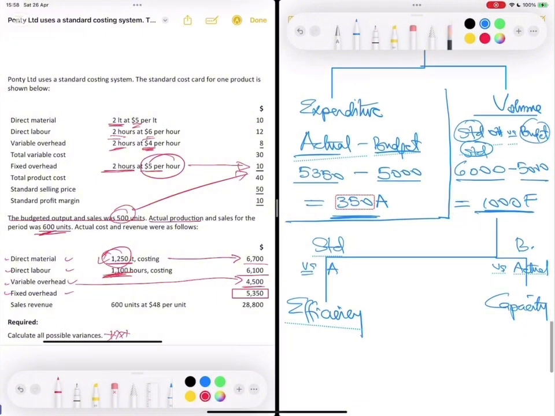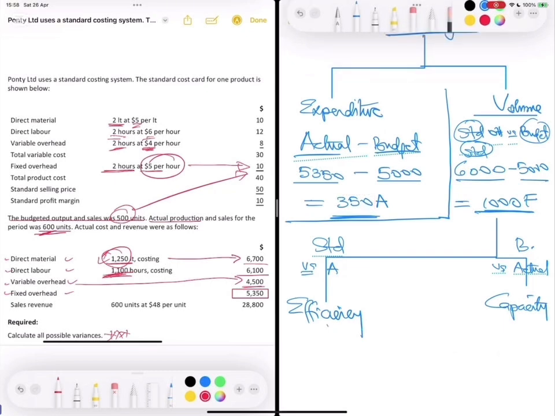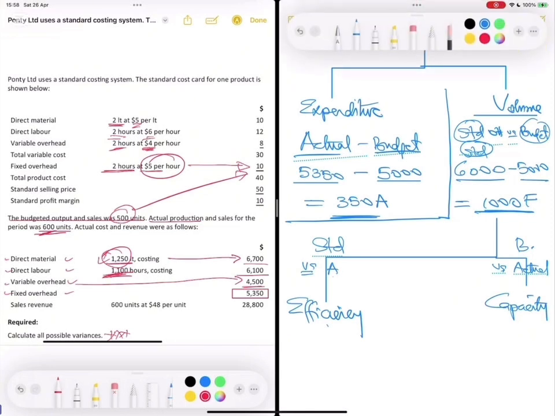This is about the hours because we're talking about volume variance. Capacity in hours, efficiency in hours. So we need to know the actual hours versus standard hours, and likewise the budget hours versus actual hours.